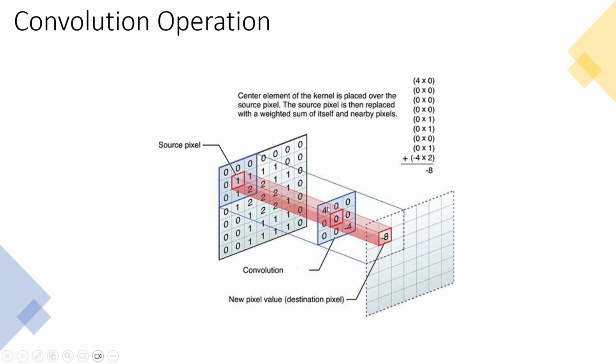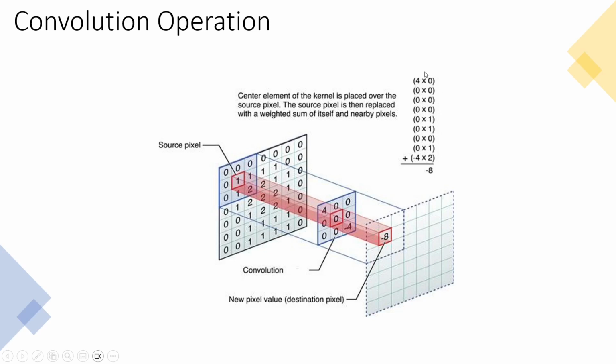Therefore, we need to multiply 4 by 0, because 4 and 0 are on top of each other. 0 times 0, because this 0 is on top of this one. 0 times 0, that's on top of this one as well. 0 times this one. 0, which is the center of the kernel, times 1, which is the center of the projection of the kernel. 0 times 1, 0 times 0, 0 times 1, minus 4 times 2.